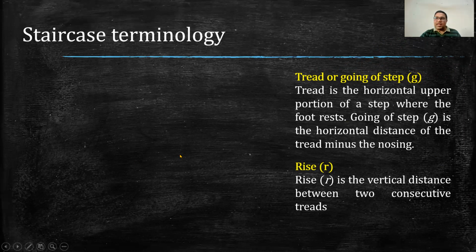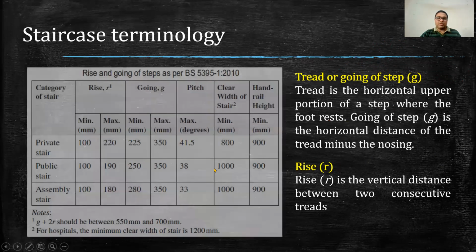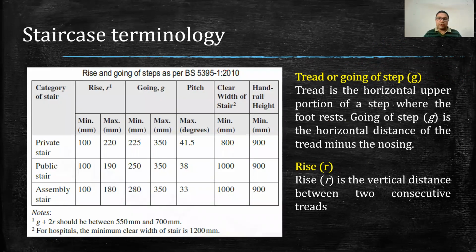As such, IS code has not given any standards for that, but as per the British code, there are some guidelines for setting the riser and tread or going. Similarly, there are standards for minimum width of stair, and for the height of handrail that we generally use on the stair. These standard values are as per British standard code, not IS, which we generally follow in practice.